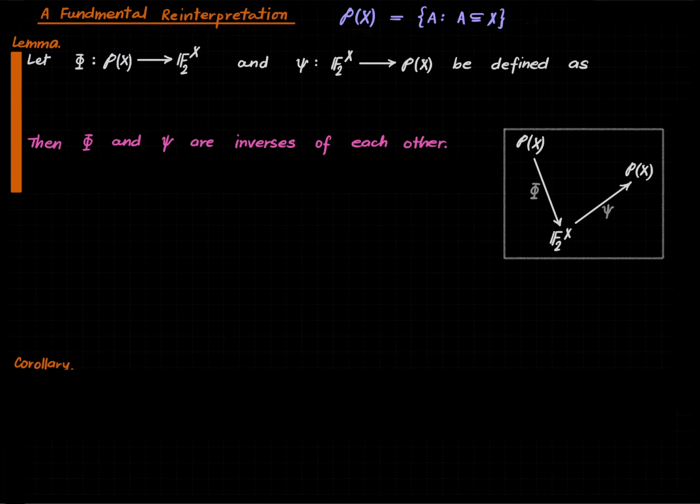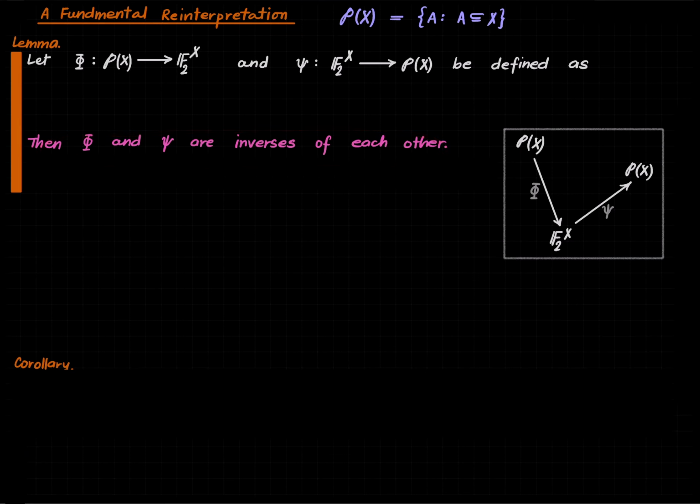Okay, so what we are going to do is define natural functions from the power set to this set, or this vector space if you will, and conversely from that vector space to the power set. So I've drawn this diagrammatically here. We want to define a phi and a psi in some meaningful way. We ultimately want them to be inverses of each other. But for the moment, forget about this clause.